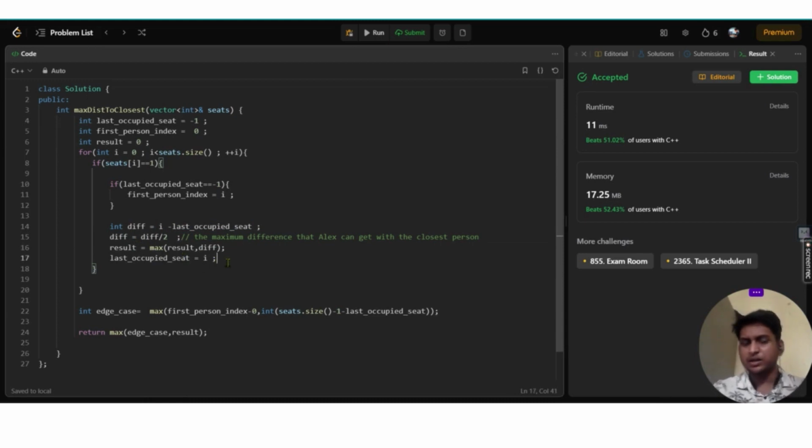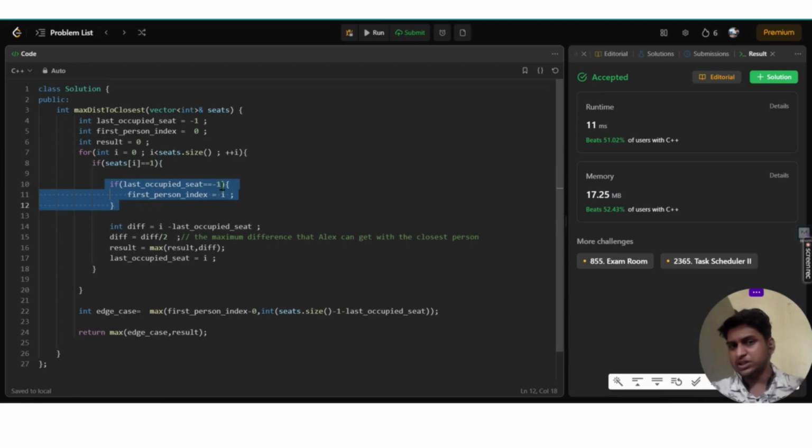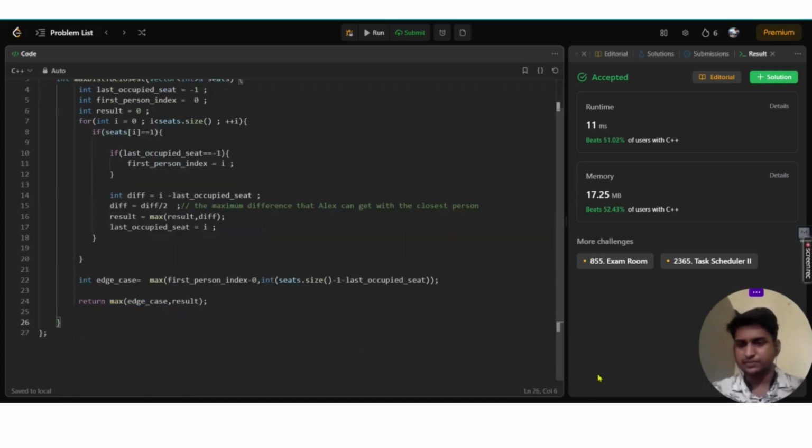And at last we update our last occupied index too, because at this index someone is sitting, because this is 1. So this is going to be our last occupied seat every time. And if last occupied seat was initially set to -1 and we got our first person taking a seat, then we update our first person index, and we use it to calculate our edge cases, and then we can simply return our answer.